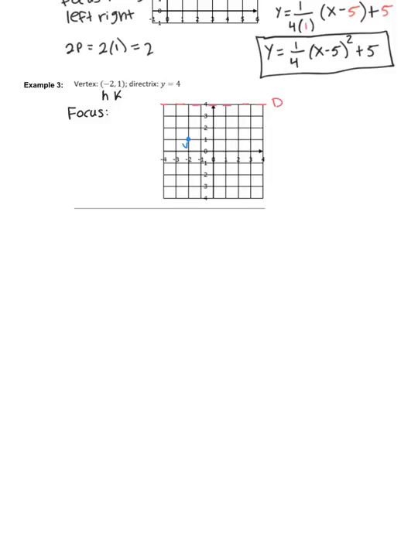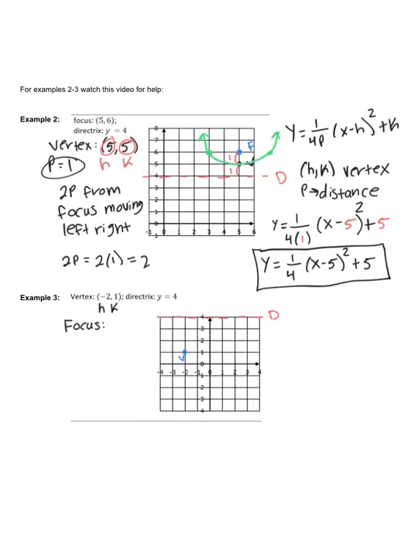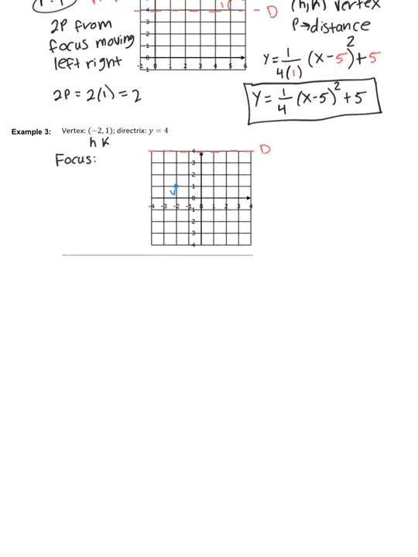In the last example, I put the vertex in the middle of the focus and the directrix. That means here, the vertex should still be in the middle. So you're not going to put a point in the middle of the vertex and the directrix. Instead, if I have 1, 2, 3 units in between the vertex and the directrix, that means that my focus is going to be 3 units away from the vertex in the other direction.